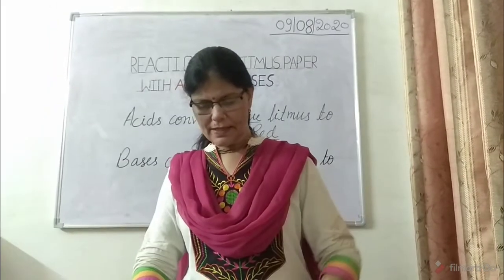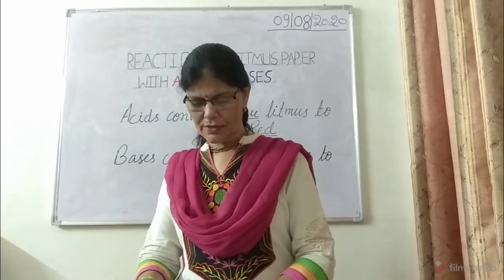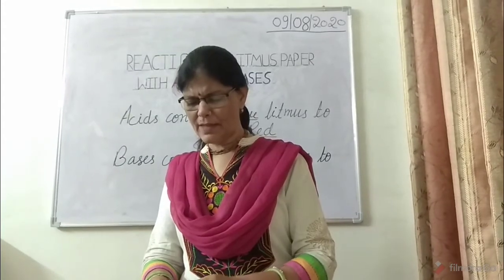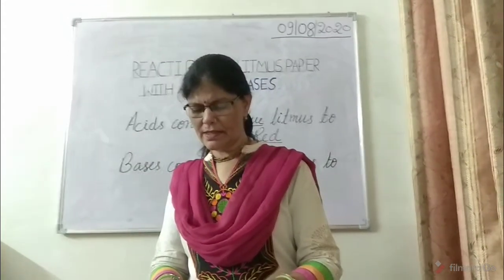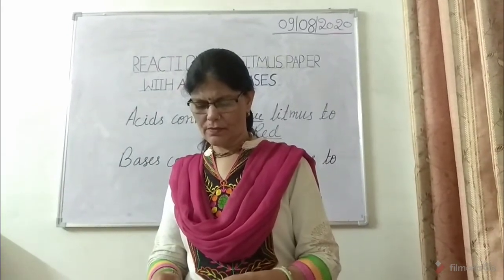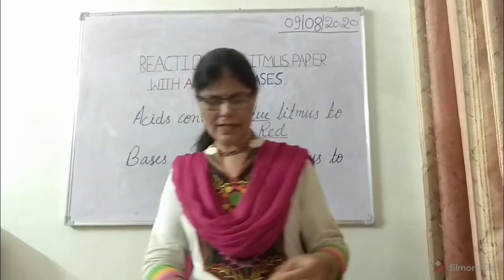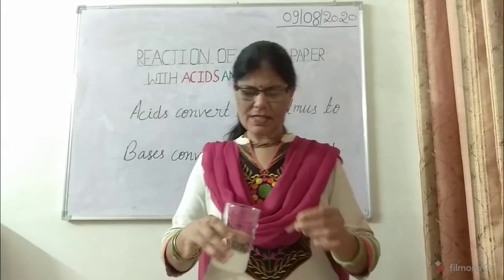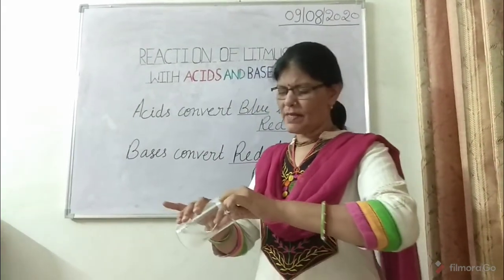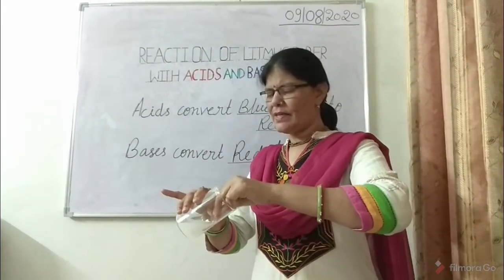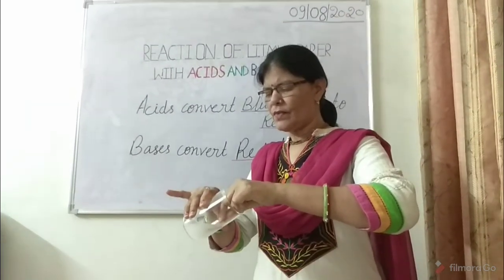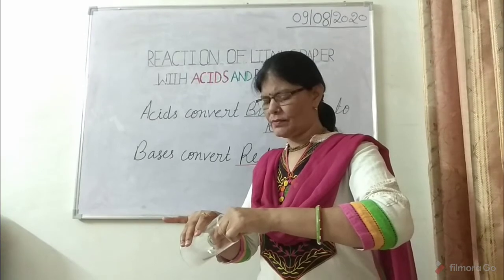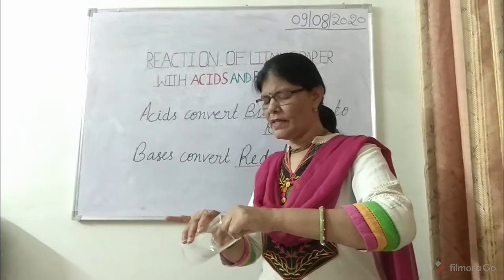So let us check this detergent solution with the red litmus paper. Let us dip red litmus paper in this detergent solution. So I have taken one red litmus paper and I am just dipping it in this detergent solution, and let us check the change in the color of the litmus paper.